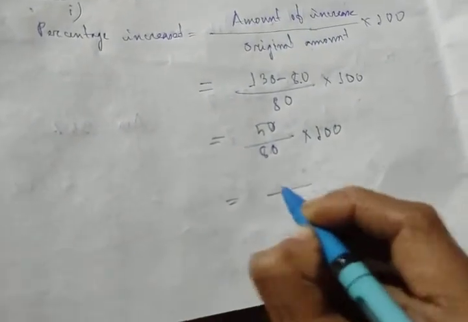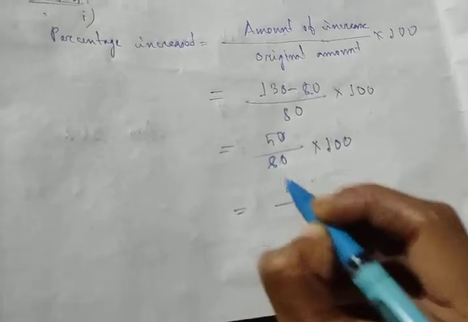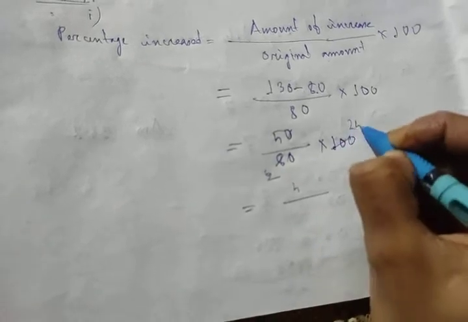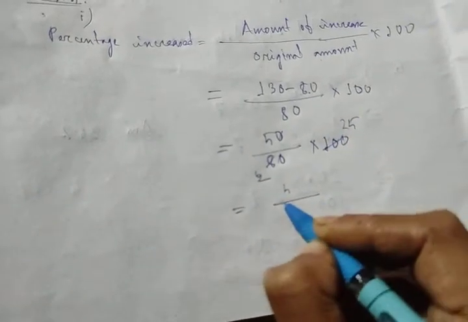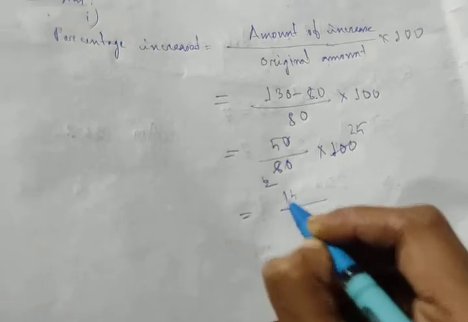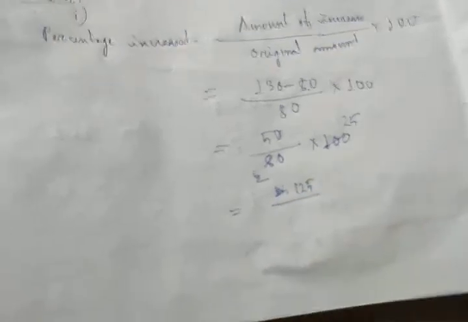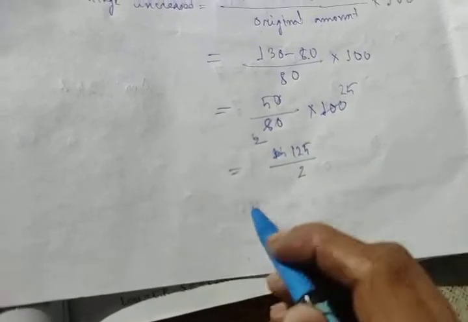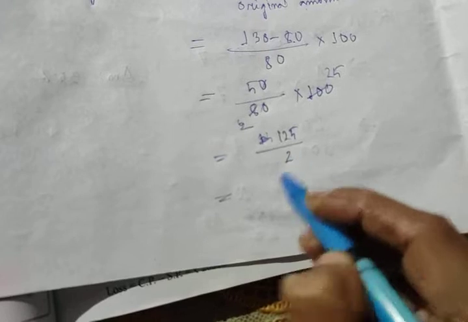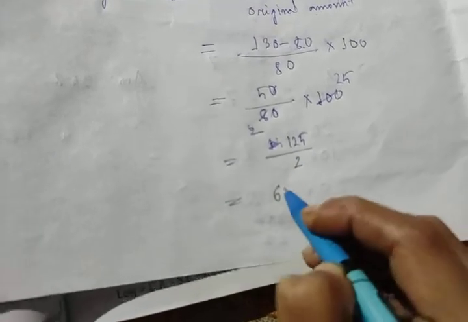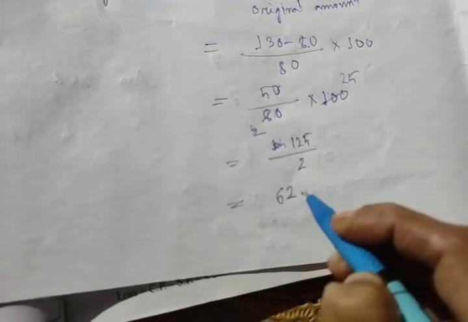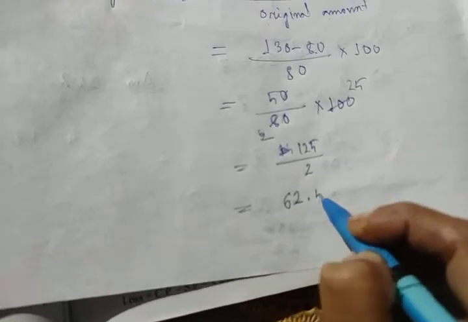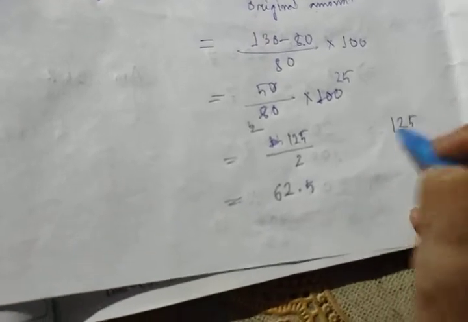Now you can simplify this also. 4 2s are 80, 4 25s are 100, and 25 into 5 you will get 125, and the denominator will be left as 2. Now divide this. 2 6s are 12, 2 2s are 4, 1 will remain, so this point. Next 0 will come, so it will become 10. 2 5s are 10. See how I am getting this?